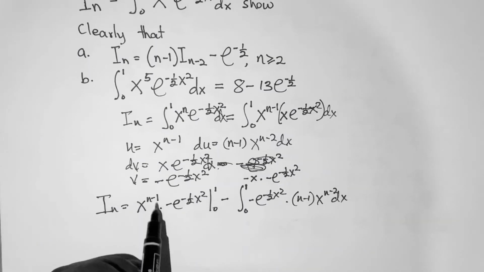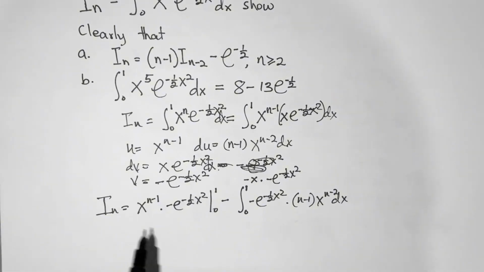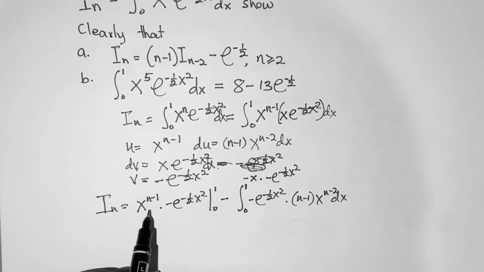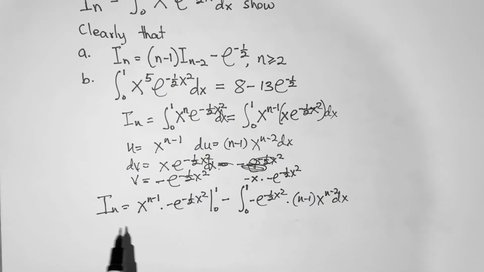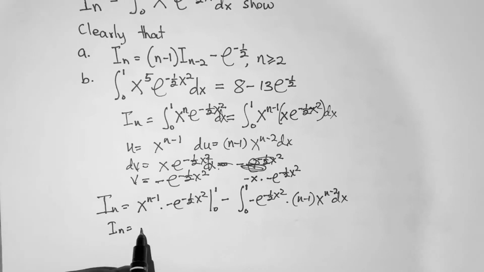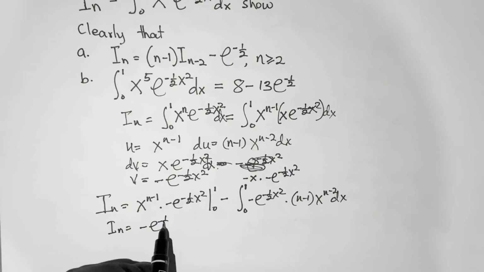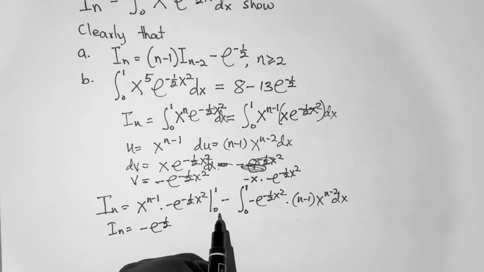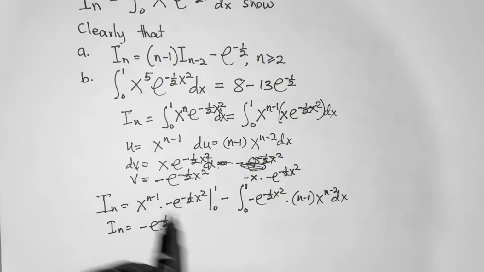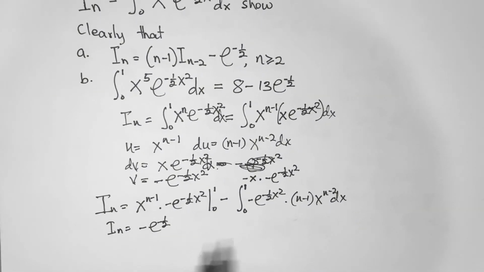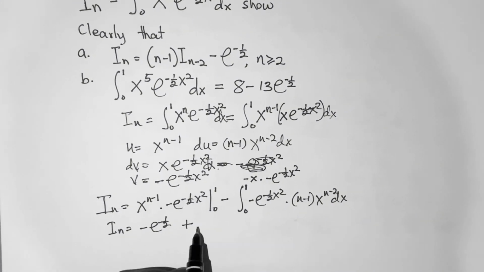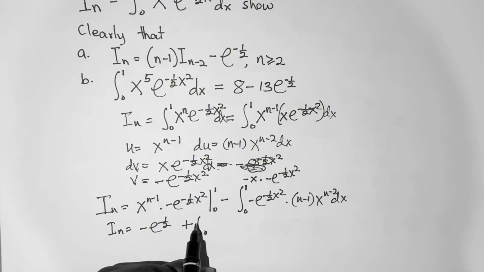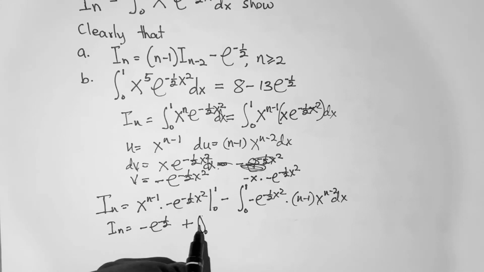So you see that here is x. If we put in 1, 1^(n-1) is 1, and 1 squared here is 1. So we'll get I of n equals minus e^(-1/2). And then if we put in 0, it will make all of this go to 0. But there's a minus here and there's a minus here, so this becomes plus.